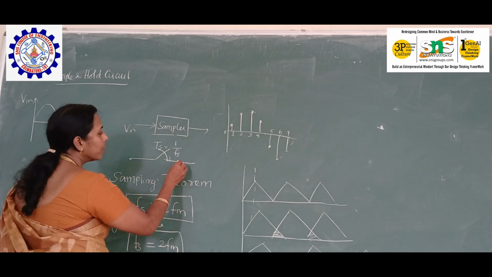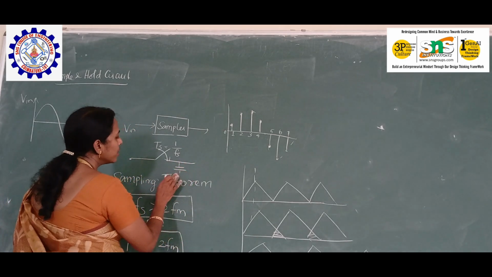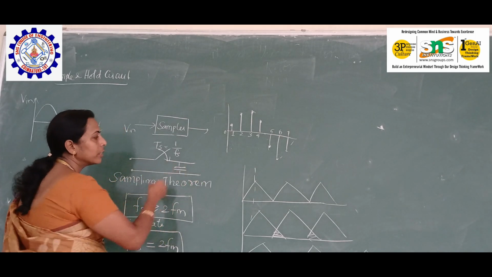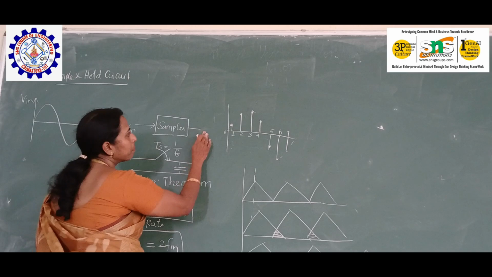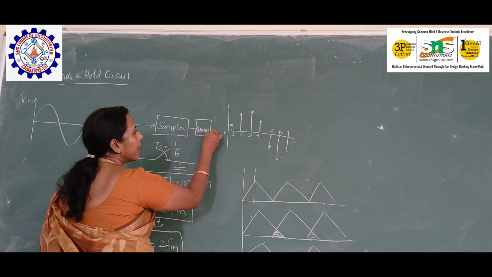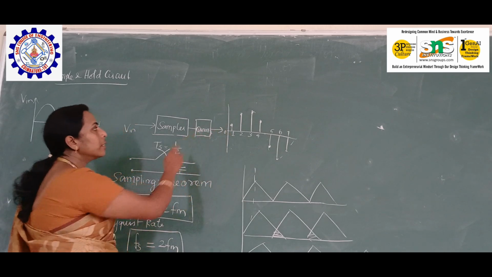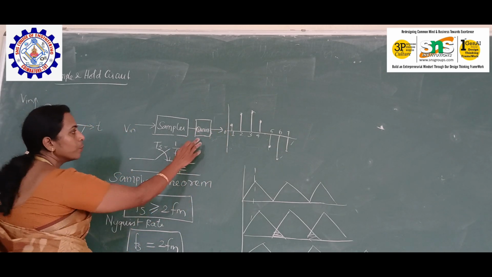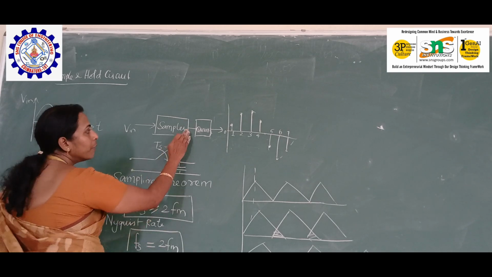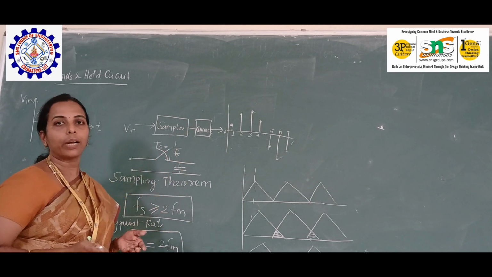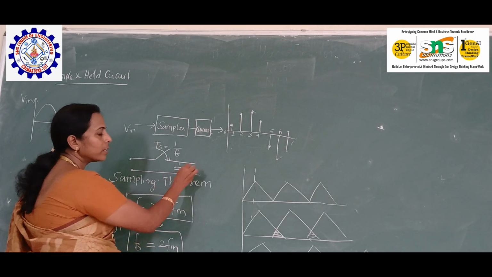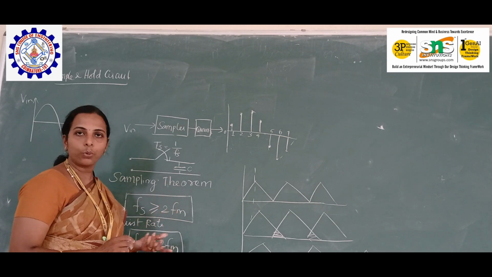So for that we will be having a quantization circuit. After the sampler, we will be having a quantizer. In order to make the quantizer work properly, we need to give a constant input to the quantizer, and that is maintained by this hold circuit, which is just a capacitor, a storage device.